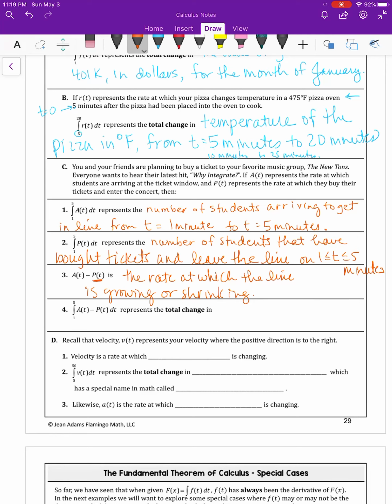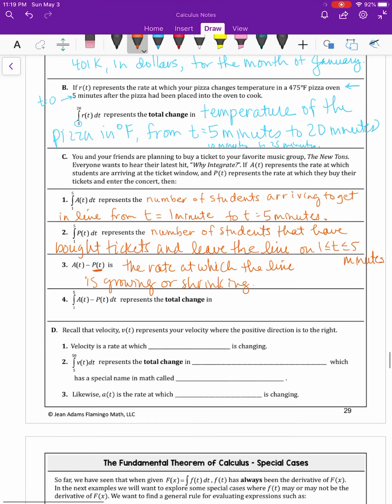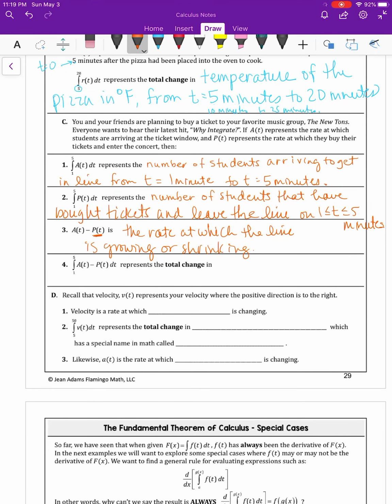Or shrinking, because you're subtracting off the people who got their tickets and went into the concert. So the rate at which the line is growing or shrinking.